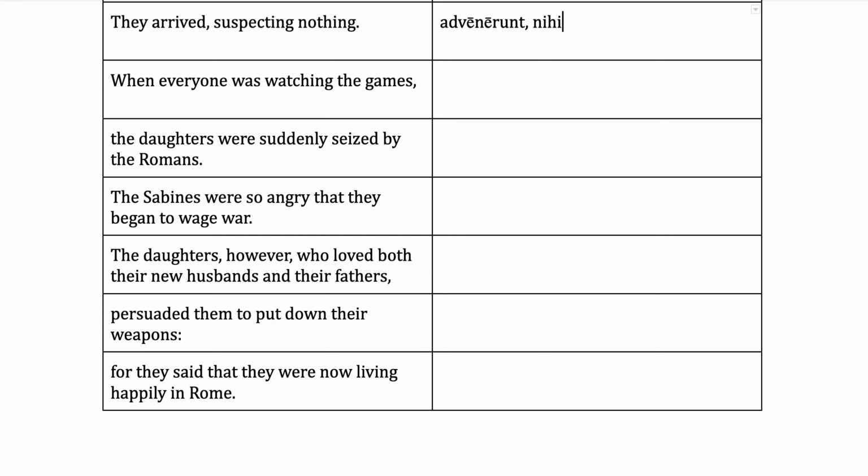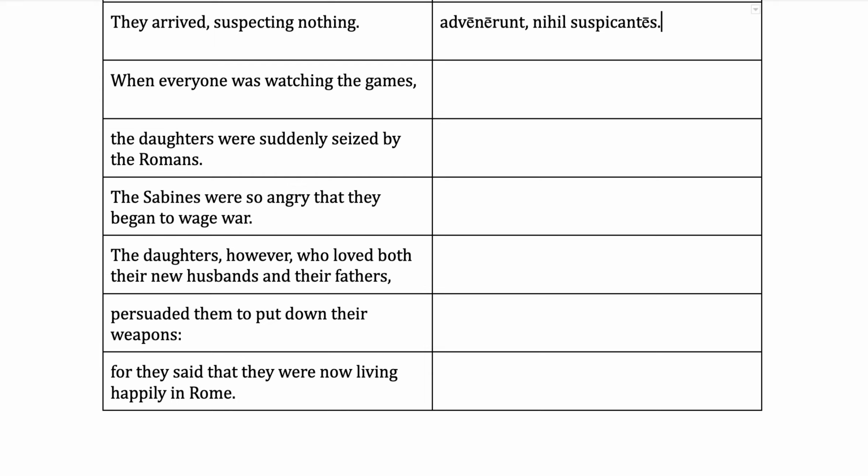So nothing is nihil. And then the verb to suspect is suspicor, which is deponent. And it's suspicari, it's a first conjugation verb. So the present participle is just suspicans. But that would be singular, and this needs to be plural because it's they arrived, suspecting nothing. So suspicantes for that plural participle there.